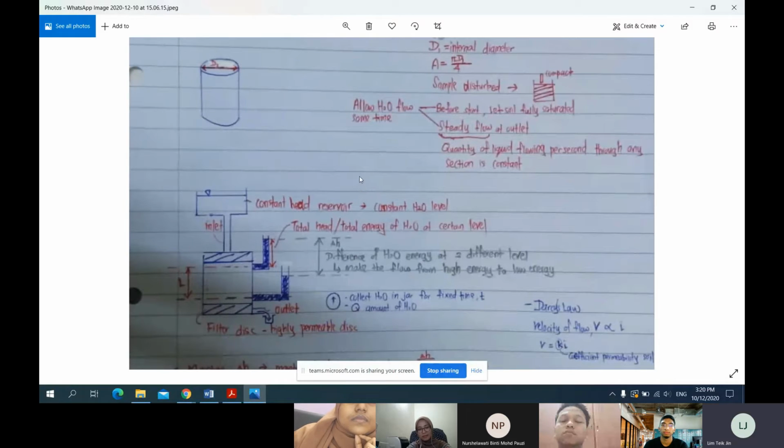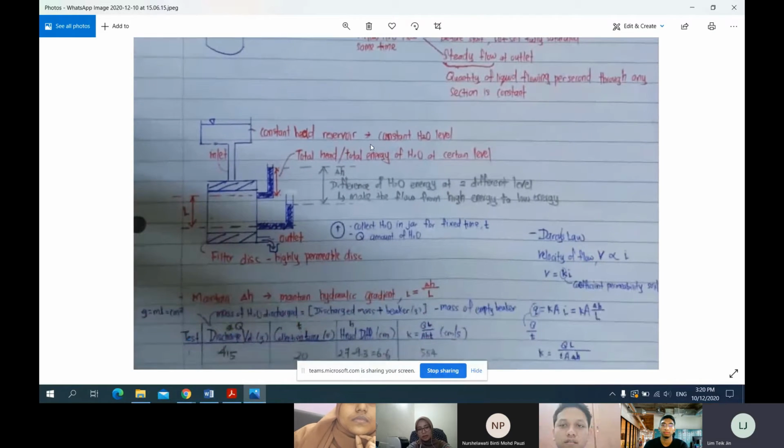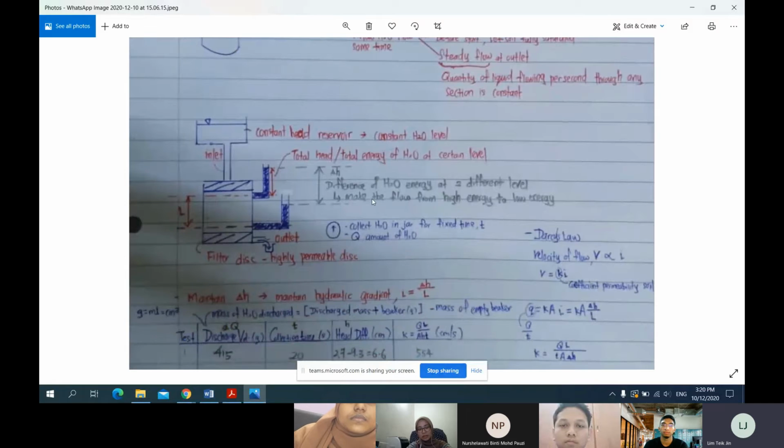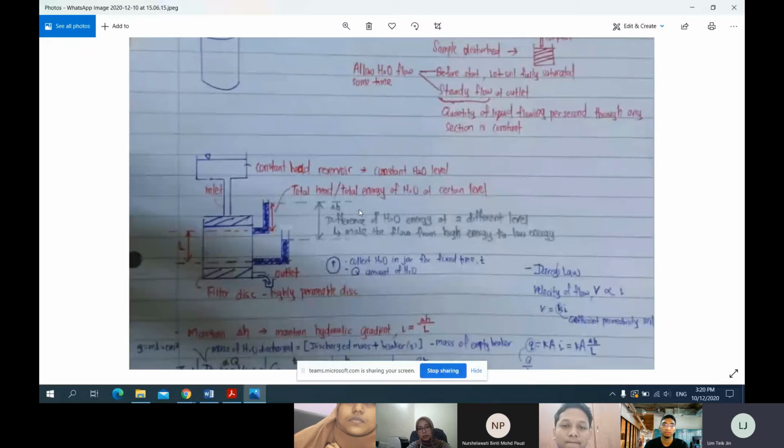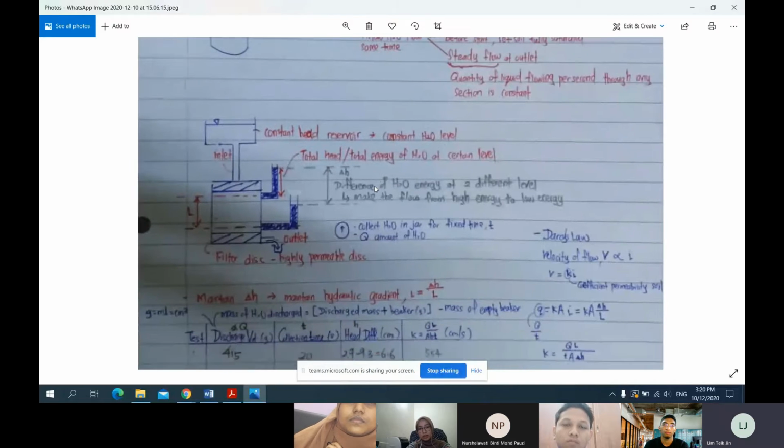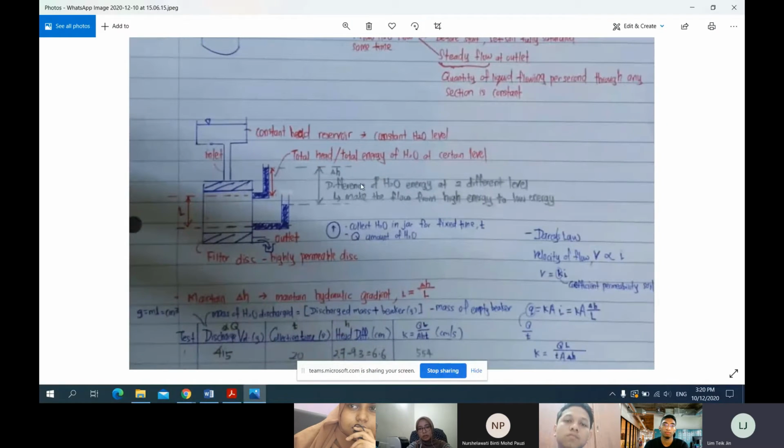This liquid will be collected as discharge volume, and the time to collect the discharge volume will also be recorded. At the same time, the water level at the two pipes is also constant, so the head difference between the two pipes will be calculated and recorded.